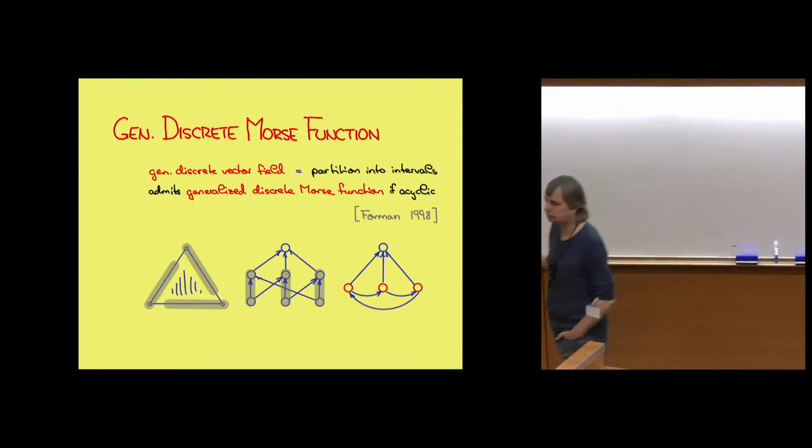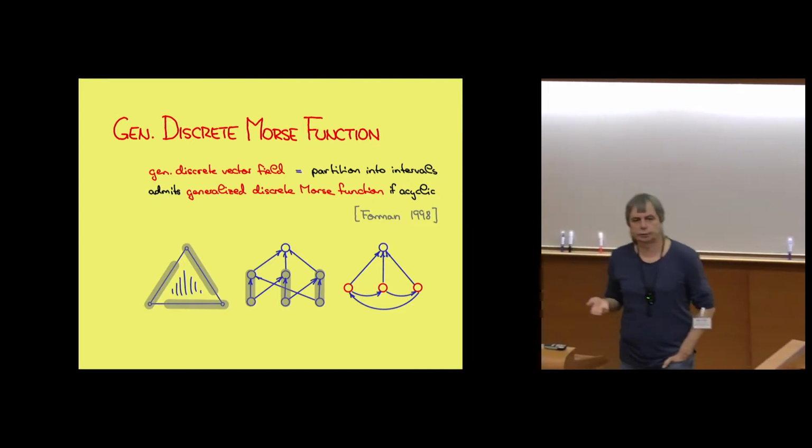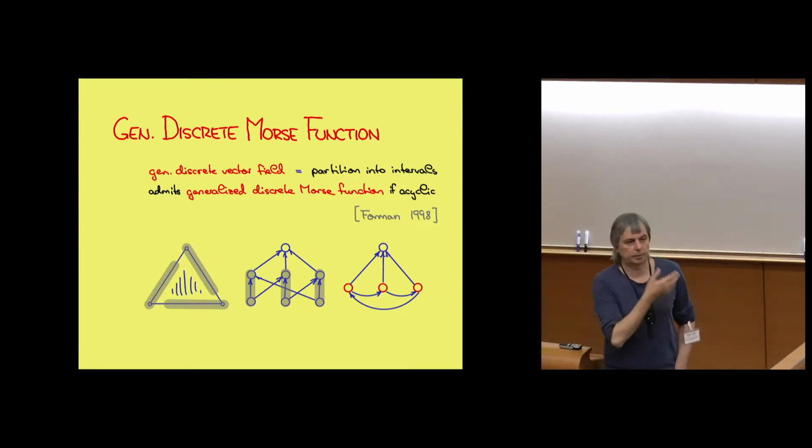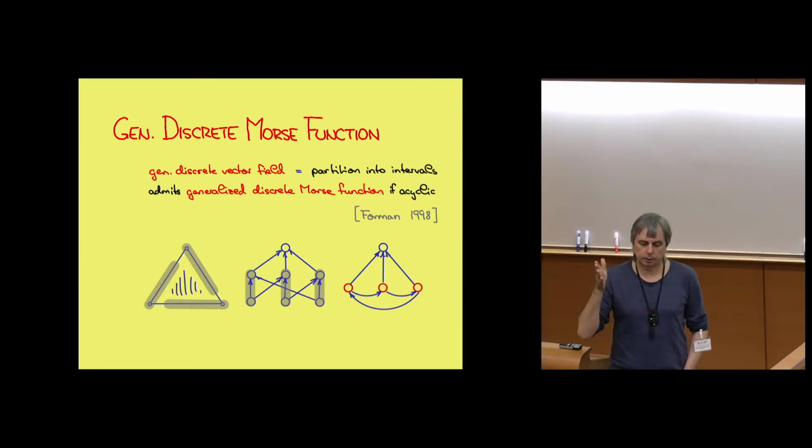And then it's not hard to see that this radius function satisfies the properties of a generalized discrete Morse function, meaning that the simplices in an interval all have the same function value. So they appear at the same time, and otherwise the function just increases. And so this shows acyclicity.